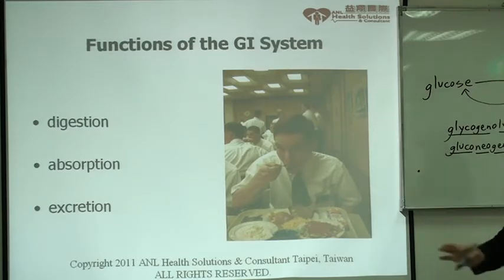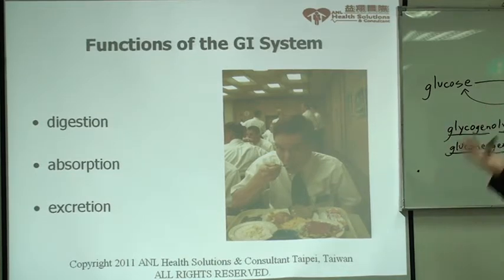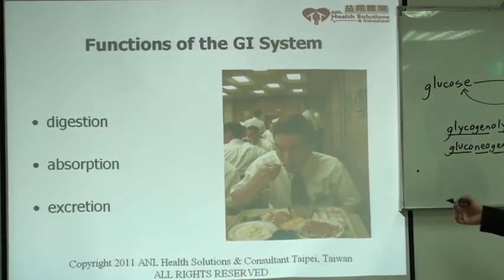And number 4, what is the number 4 function? What's another function of your GI system? Can you think of another function besides these 3? Digestion, absorption, excretion, what else? It's an important function of your GI system.